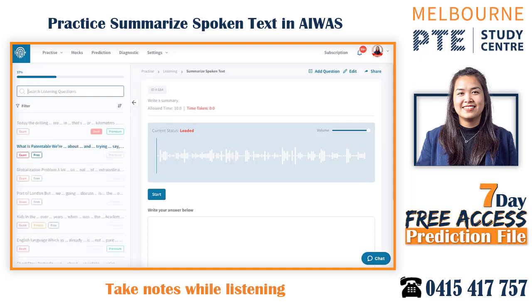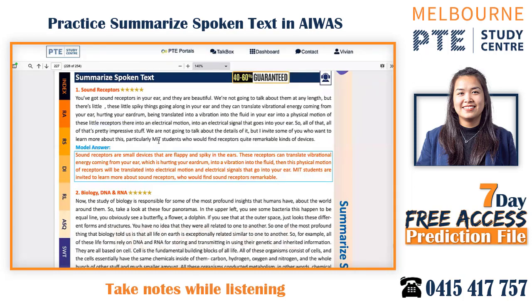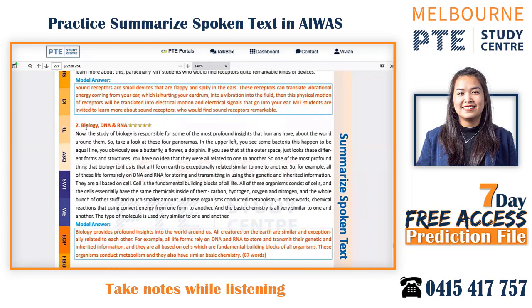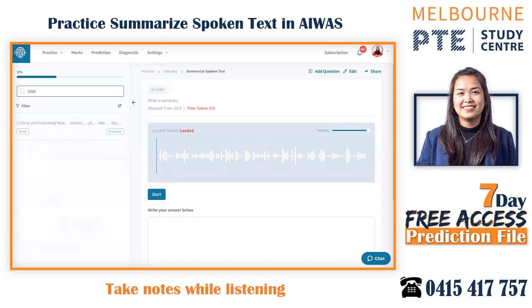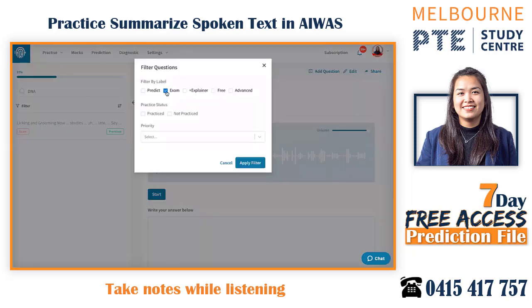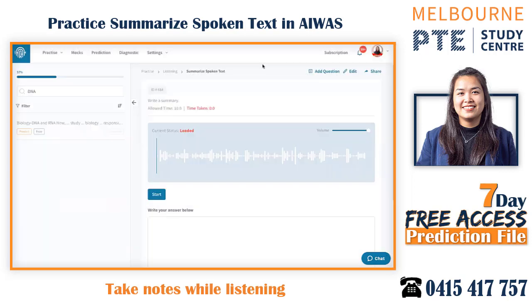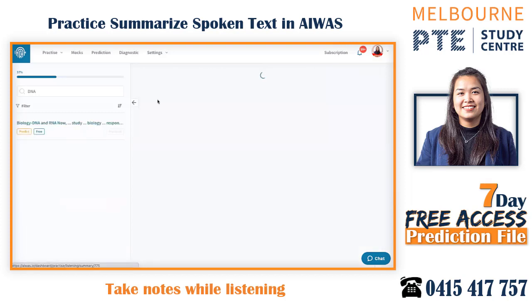Interesting. Right, it doesn't have it in AIWA. Okay, let me try this one, DNA and RNA. Yep, so they do have DNA and RNA biology.